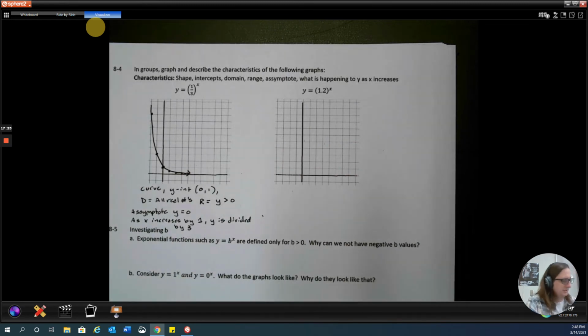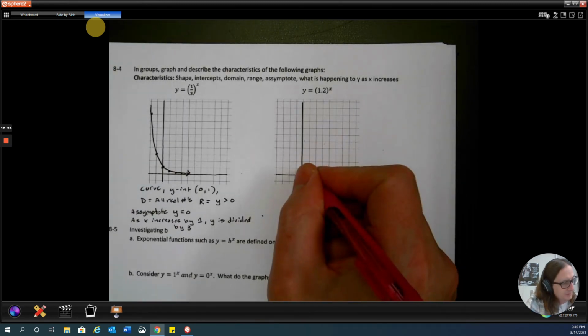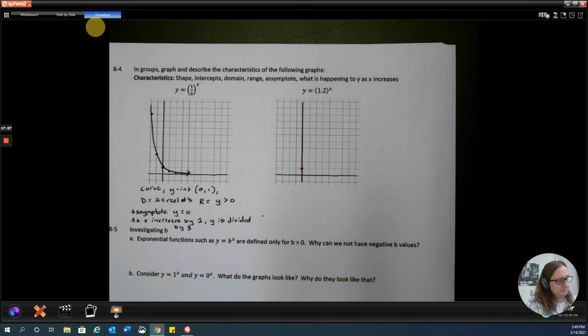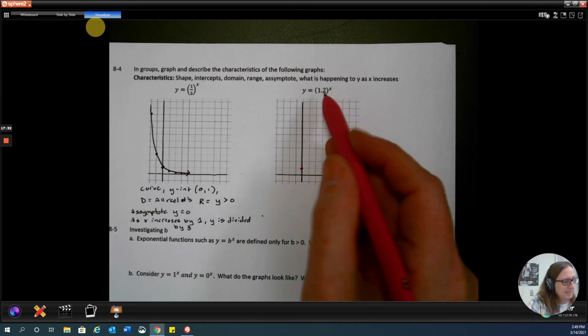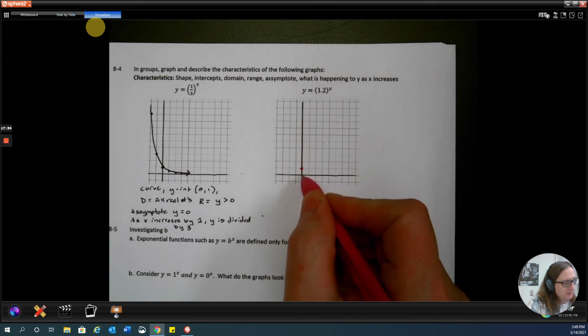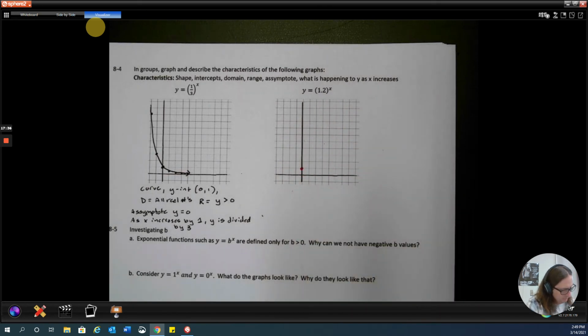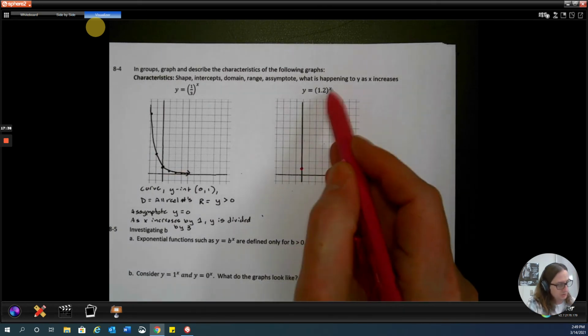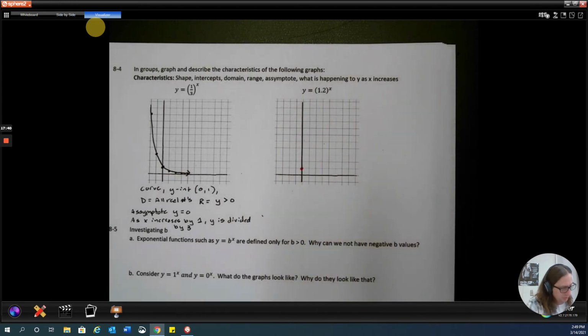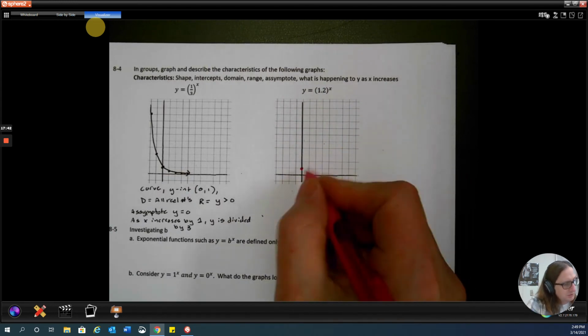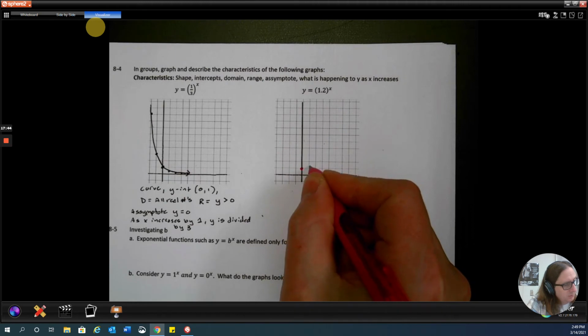Okay, if we plug in 0 for this one, I get 0 right there. And then what we're going to do is we're going to multiply by 1.2. So if I go this way, 1 times 1.2 to the first power is 1.2. So I'm going to go 1.2, going to call it right there.